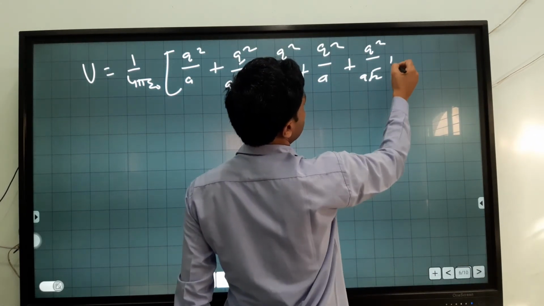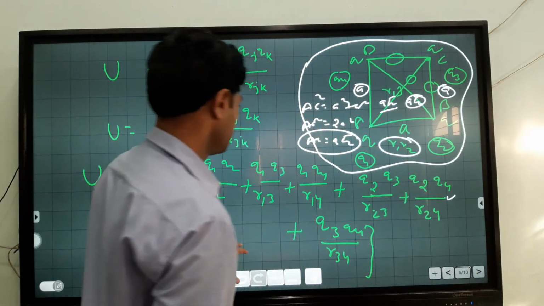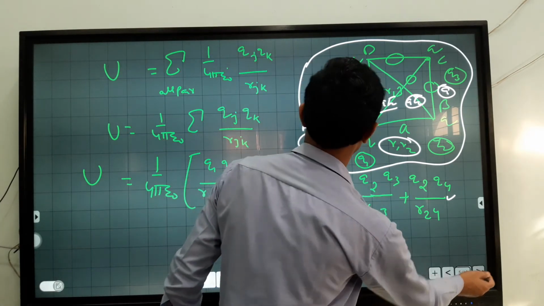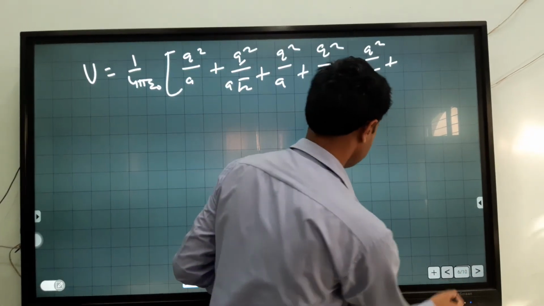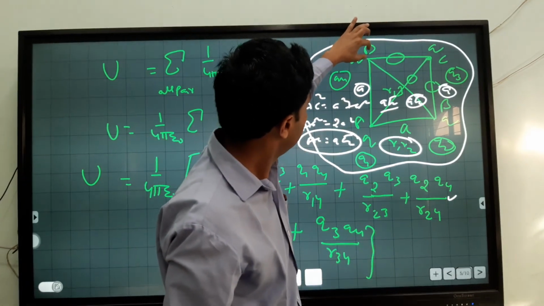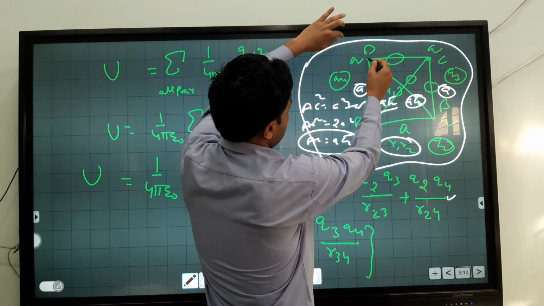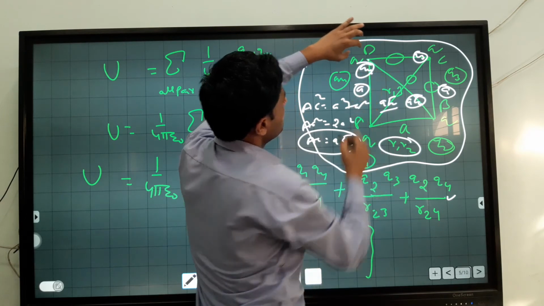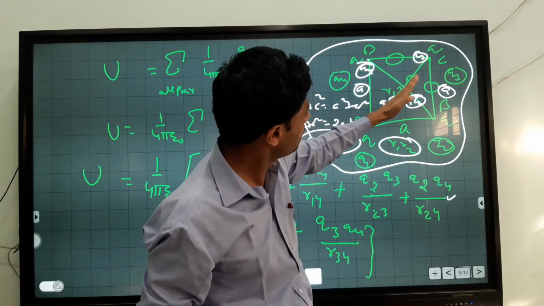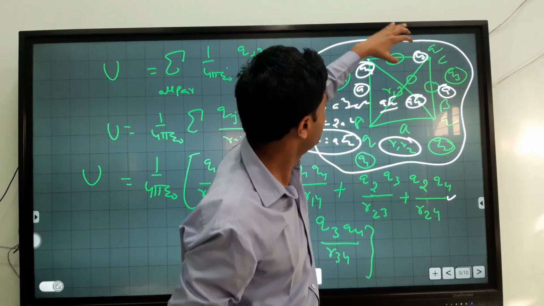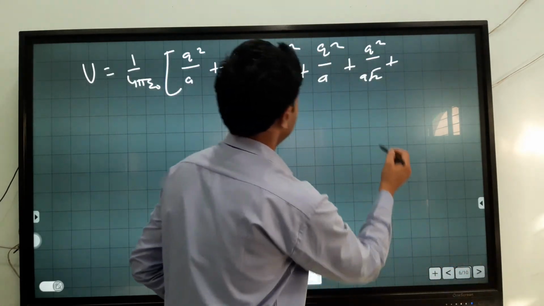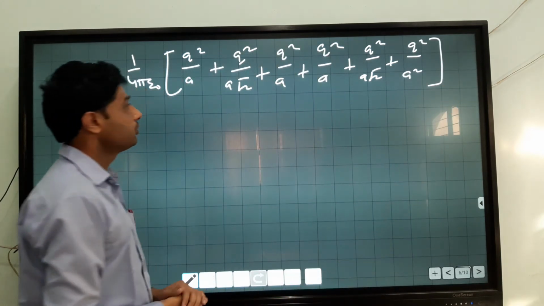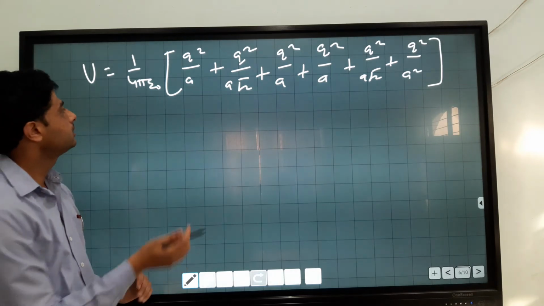That is the fifth term. And the last is Q3 Q4, because we have already taken the other pairs, so only this pair remains: Q square upon A square. Now we have to solve this and find the answer.